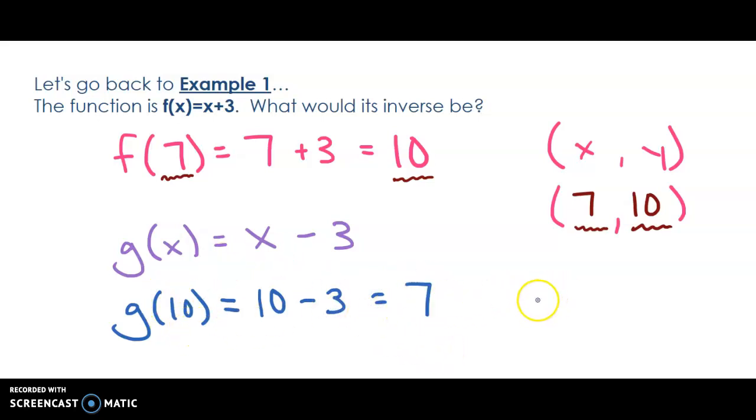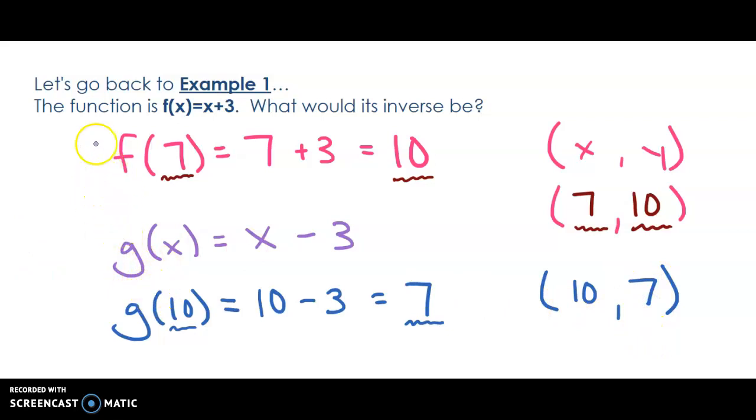Again, if I'm trying to think about a point that is represented by this work I have here for g of x, or g of 10, my x value is 10, because that's what I plugged into my function. That is my input. And my output, after I did my evaluating, was 7. Now I want us to look at something.